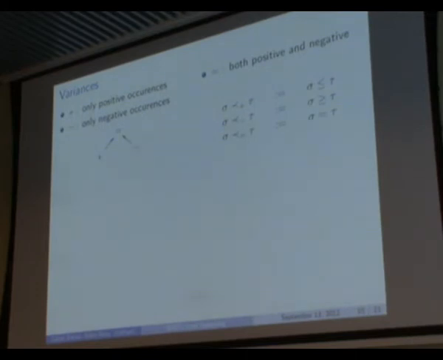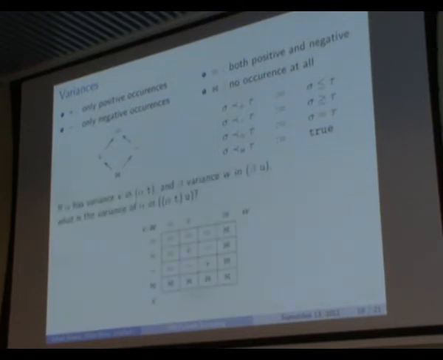And for completeness, I need to add a fourth variance, which was already present in some previous work by Andreas Abel, for example, which is irrelevance. Meaning if a type variable does not occur at all in the type definition, it has a fourth, even more permissive variance, which I call irrelevance. And two types are in the irrelevant relation if true, meaning it's a full relation.